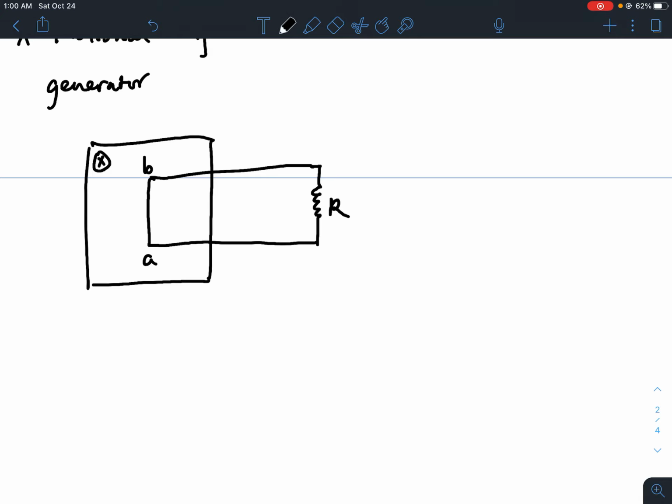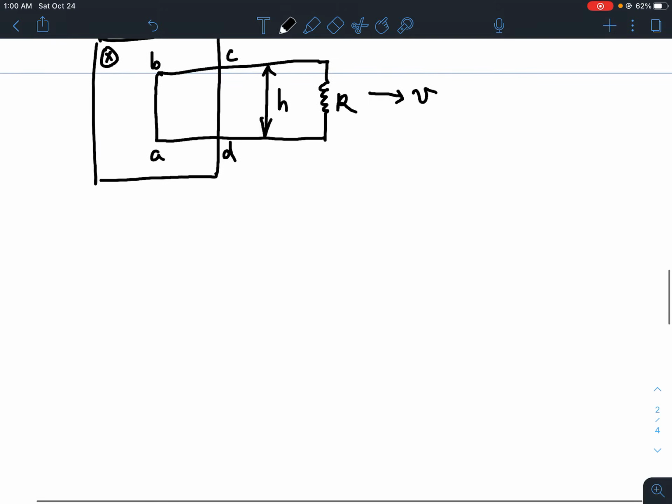Let us consider the region A, B, C, D that is inside this magnetic field. Outside, there is no magnetic field. Let us assume the height is h, and this circuit is moving with a speed of v toward the right side.